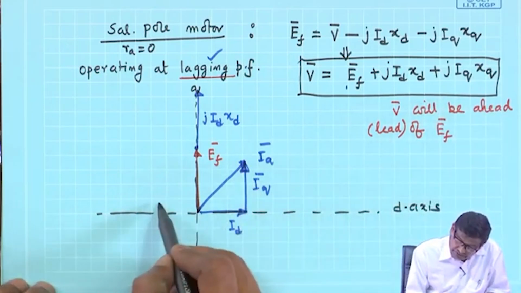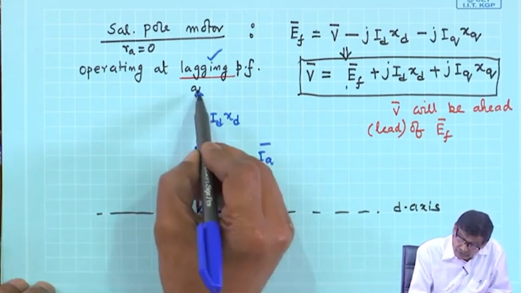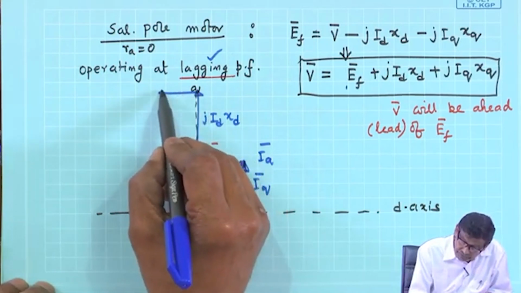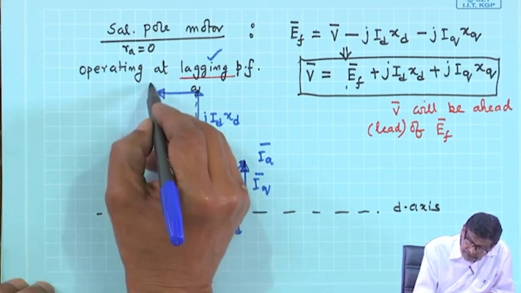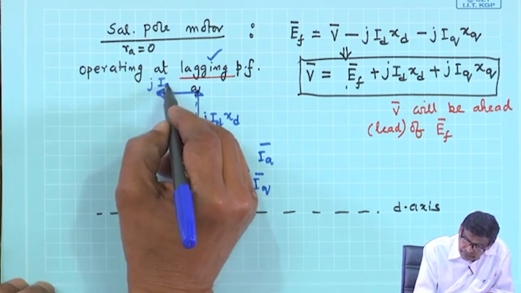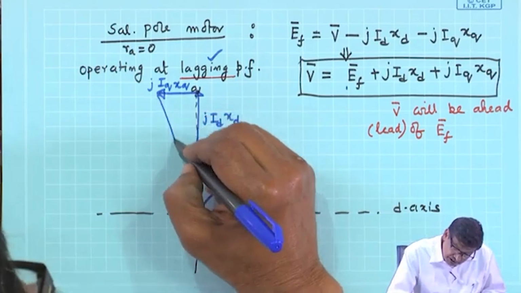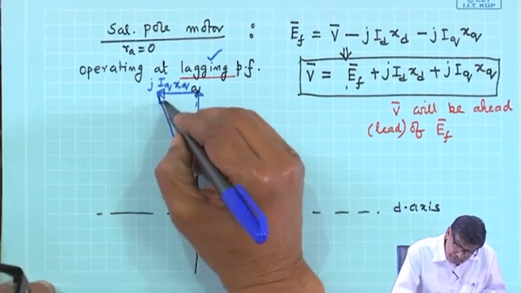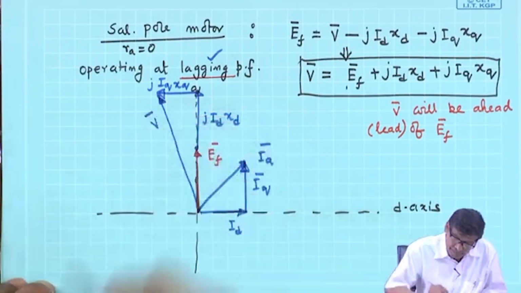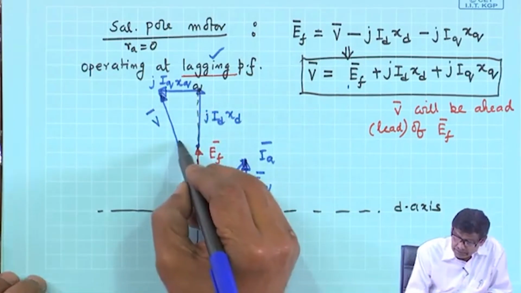So, J IQ XQ will be like this, and then this must be your V. This angle must be delta.